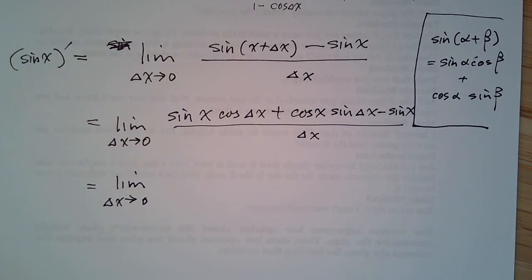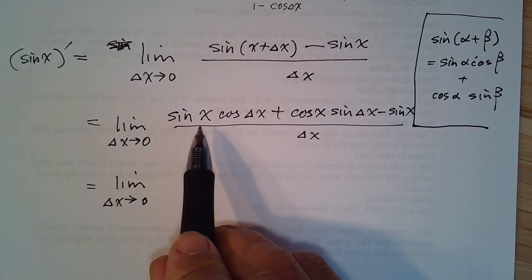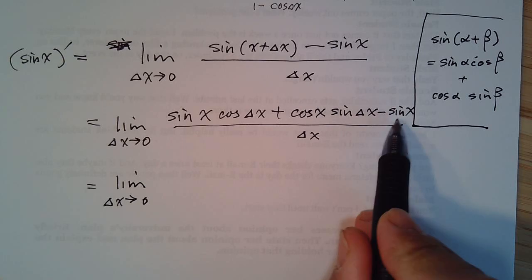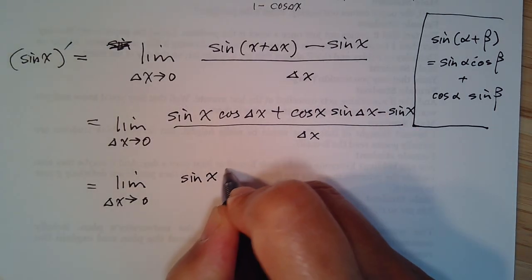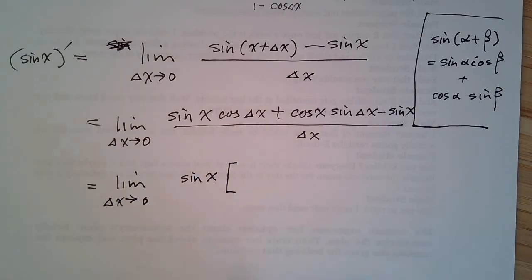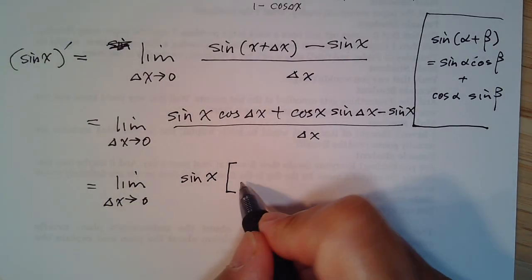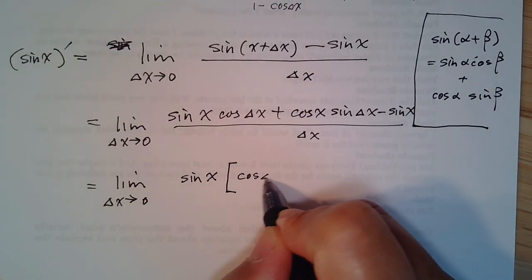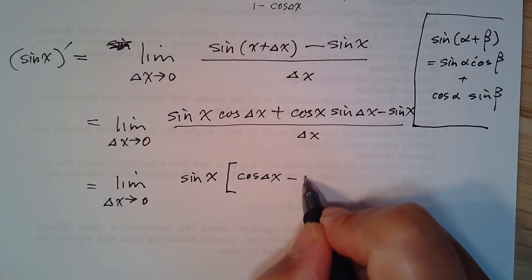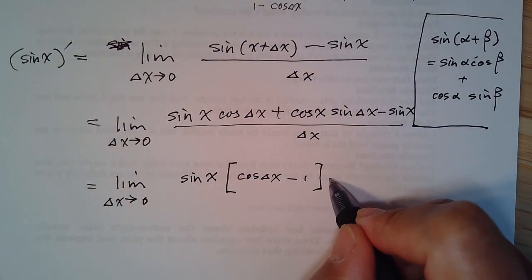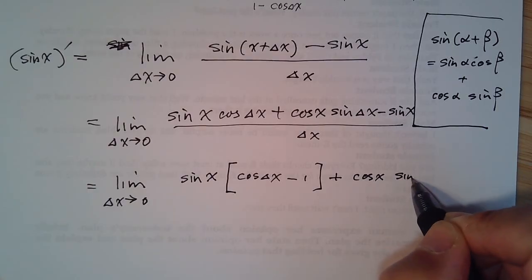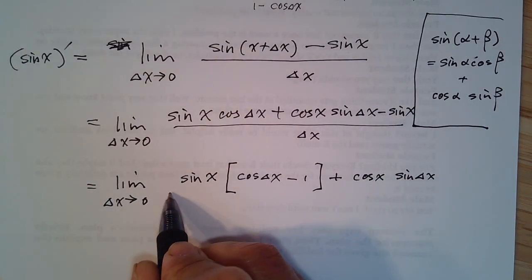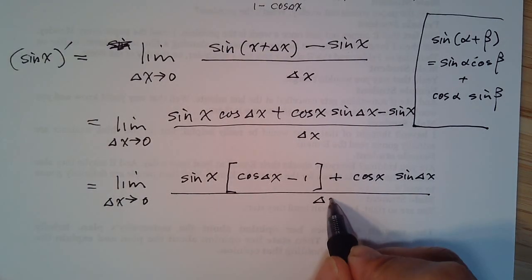I'm going to combine two terms, because I have a sine x here and a sine x here. So I factor this sine x out, and inside I have cosine delta x minus 1, isn't it? And then plus cosine x sine delta x, all divided by delta x.